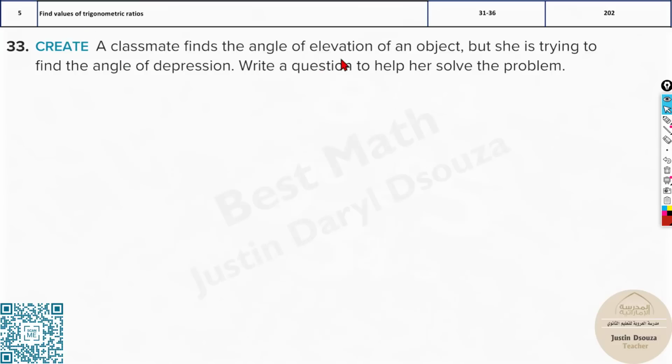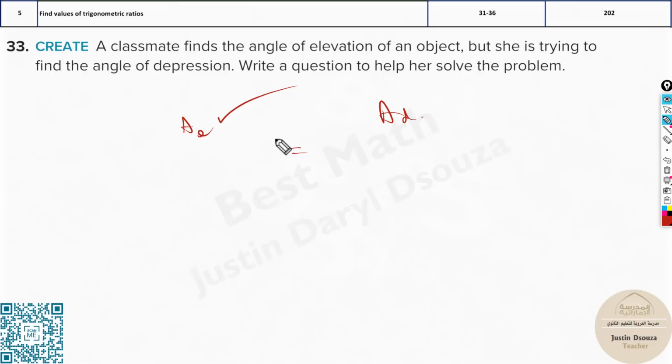A classmate finds the angle of elevation of an object, but she is trying to find the angle of depression. Write a question to help her solve the problem. Now, the classmate has already found the angle of elevation. She's trying to find the angle of depression. What is the relationship between them?